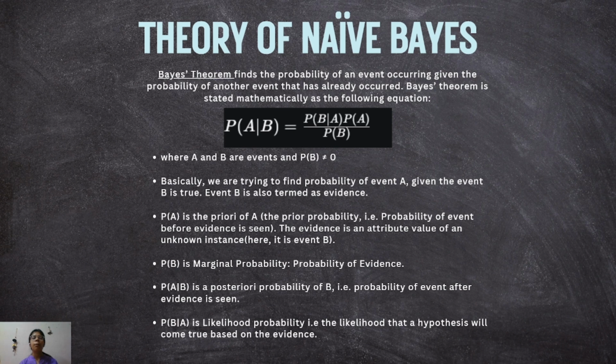Here, the probability of A is the prior of A, which is the probability before the event is seen. Then the probability of B is the marginal probability. Then the probability of A given B is the posterior probability, and the probability of B given A is the likelihood probability, which is the likelihood that a hypothesis comes true on the basis of the evidence, which is B.